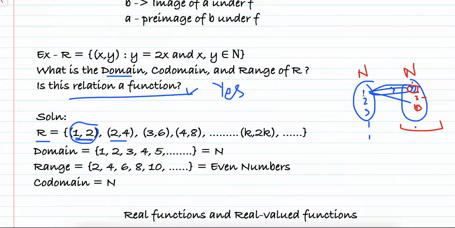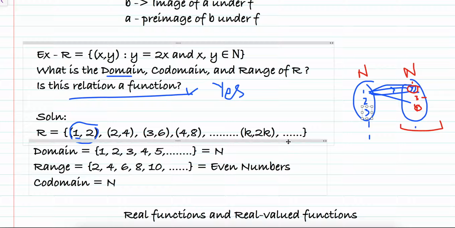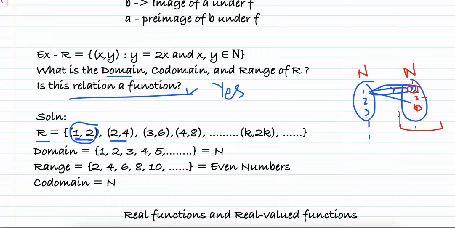Here, the double of any natural number is a natural number. So all the elements here were also natural numbers.